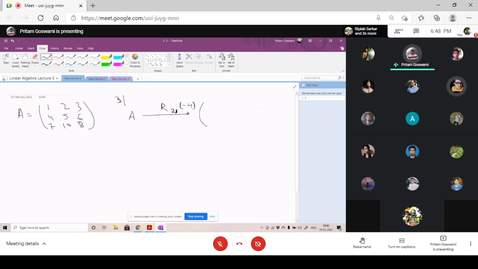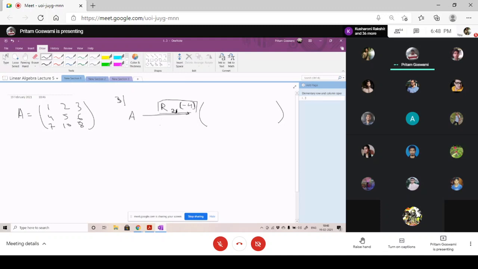So what will this become? Once more. It is the third kind of row operation. It is basically multiplying a row with a constant number and then adding it with another row. So suppose the notation is like this.